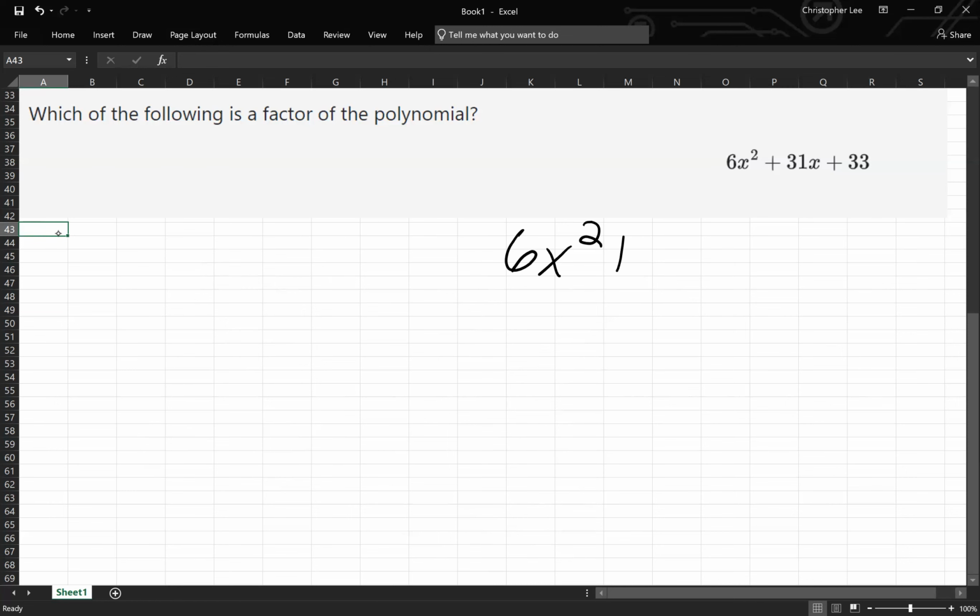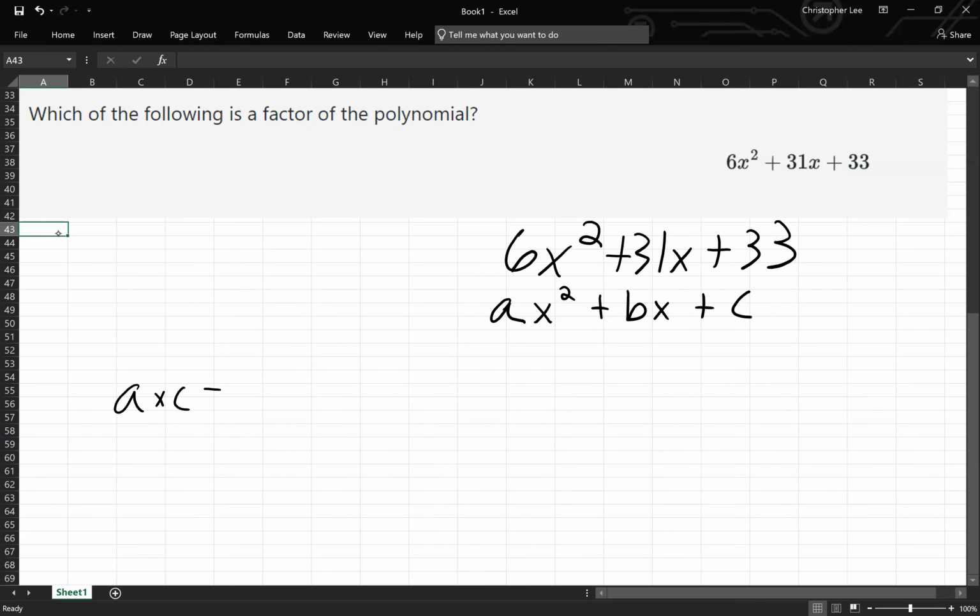So I have 6x squared plus 31x plus 33. And you remember this corresponds to ax squared plus bx plus c. So what is a times c? Exactly, 6 times 33, which is 198.